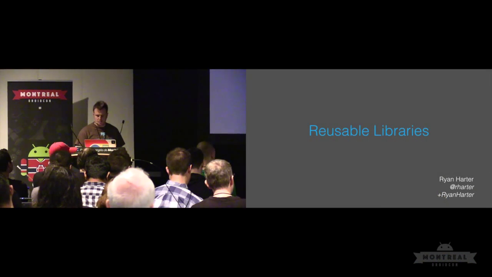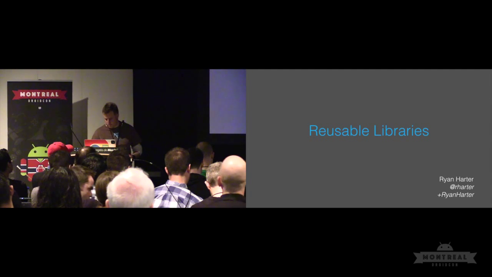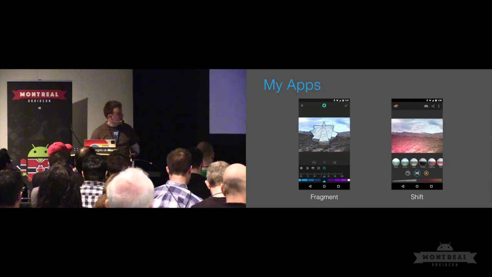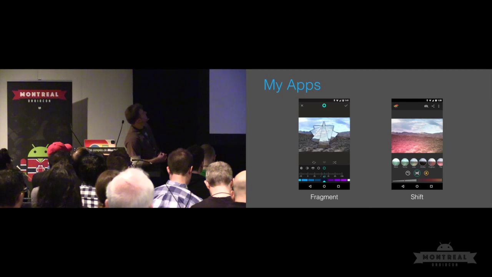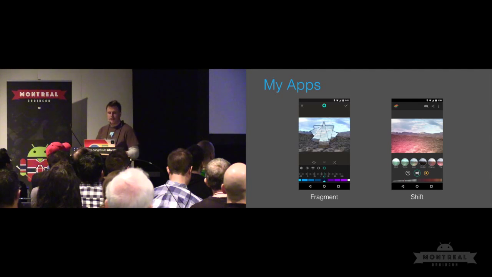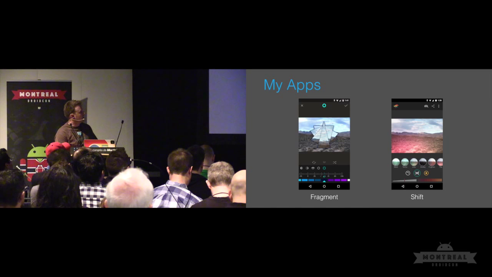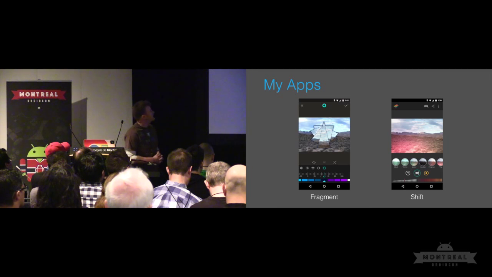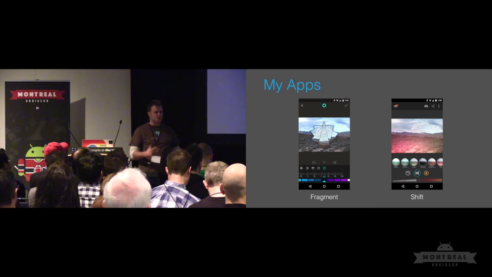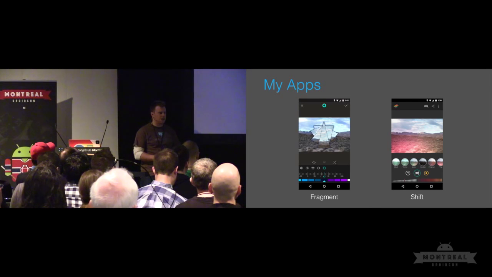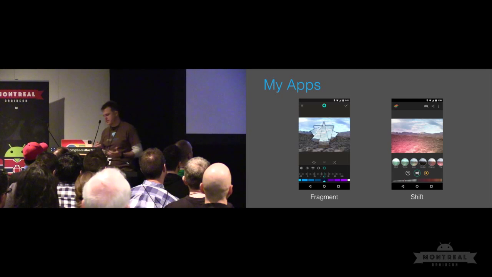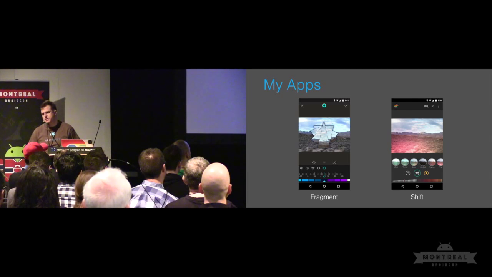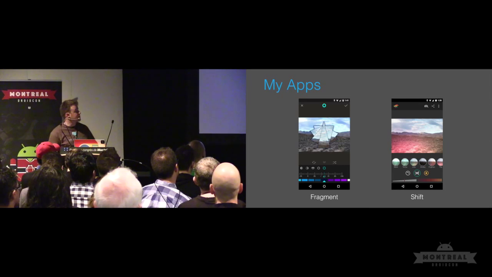By way of introduction to what we're going to be talking about, here are two of my apps. Wow, the color is terrible on this. They kind of have black backgrounds, so it's hard to see. But Fragment and Shift are both photo editing apps, and they take different approaches.